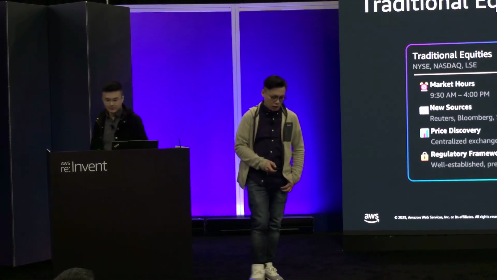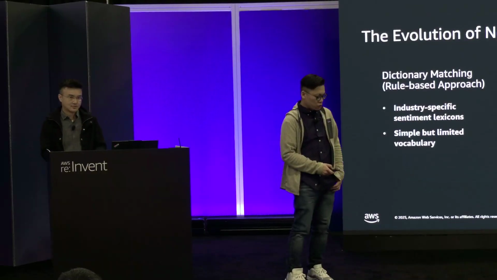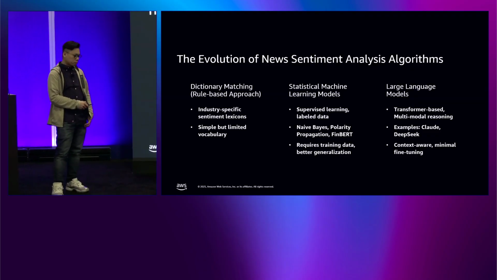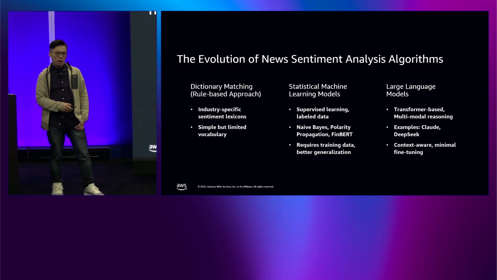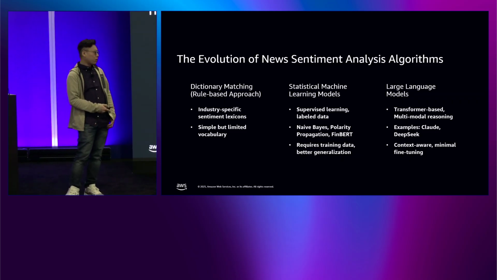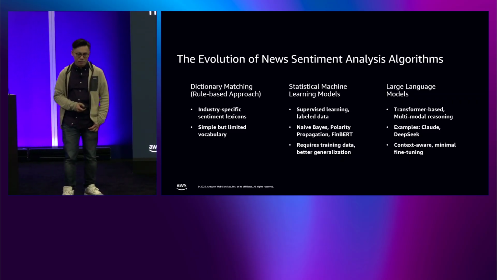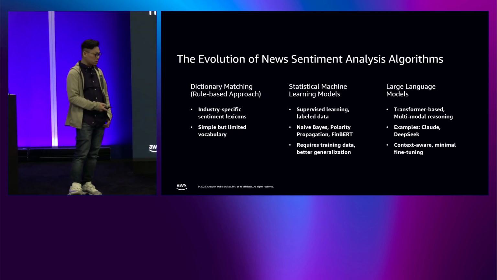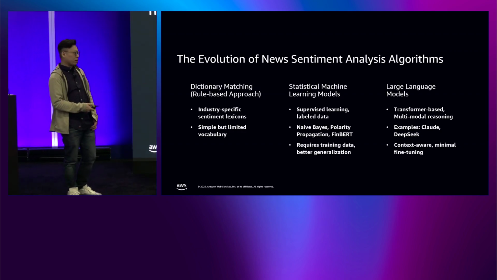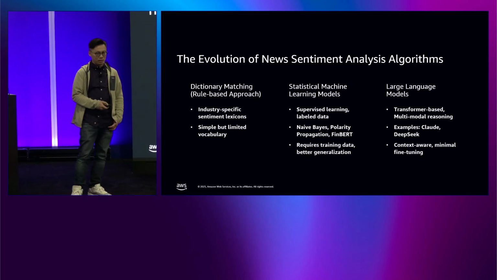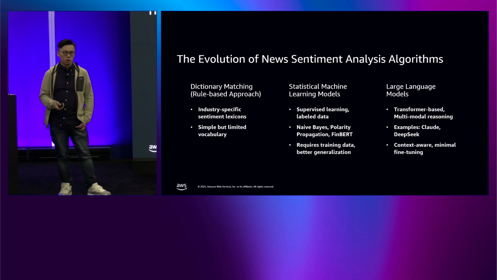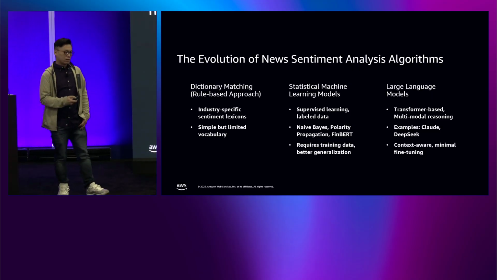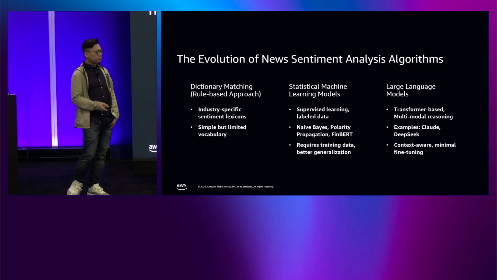Thank you, Wes. Before we get into the solutions, let's understand what we had before. In the industry, the first approach to tackling news sentiment analysis began with the dictionary approach, with dictionary matching. Usually we have some industry sentiment lexicons like bearish, bullish, crash, wordings like this, and we put them into a simple pattern matching algorithm.